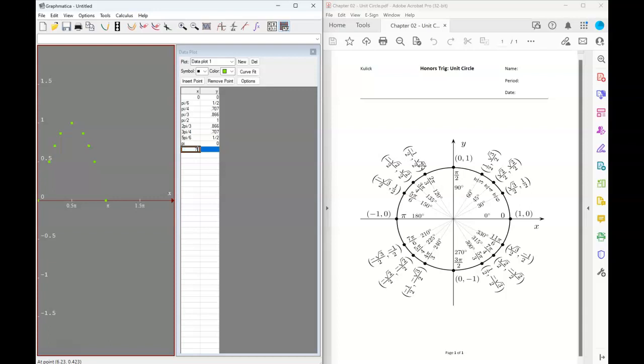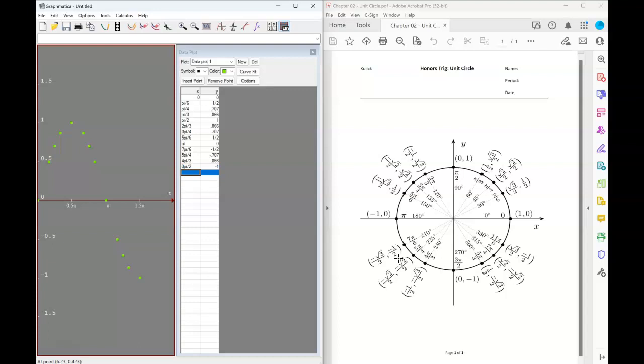Then we have 7 pi over 6, and this time we have negative 1/2, because we're using the y coordinate from the unit circle as our value for sine. Next is 5 pi over 4 and negative 0.707, then 4 pi over 3 and negative 0.866, and then 3 pi over 2 and negative 1.